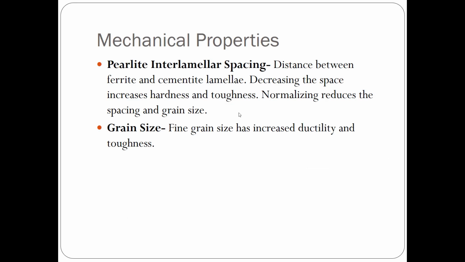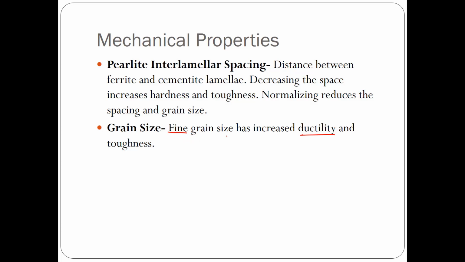Mechanical properties. How does perlite interlamellar spacing, how does grain size, how does grain direction, how do those properties affect ductility, primarily ductility? How does grain size affect ductility? Remember, fine is small grain and coarse is large grain.